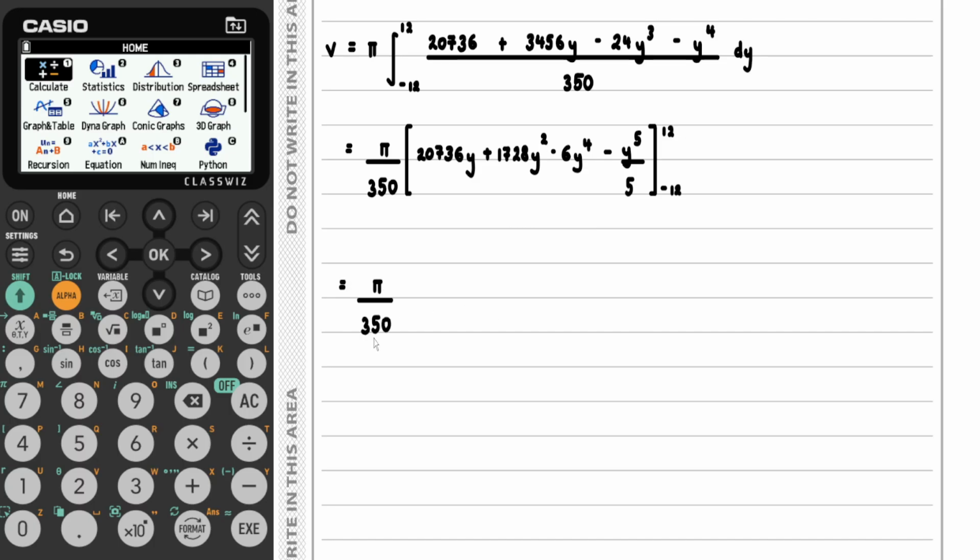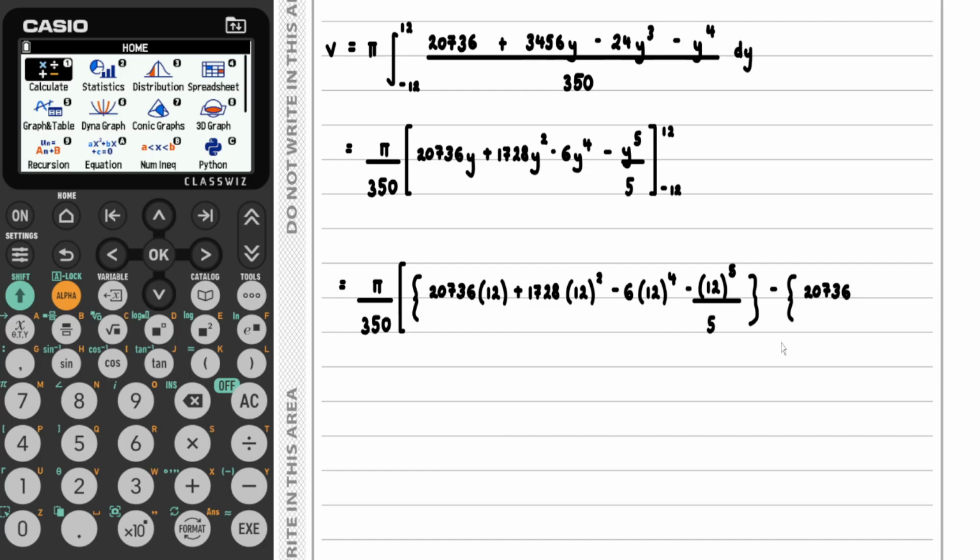So I've got pi over 350 multiplied by, now for my upper limit, substituting 12 in, we have the result shown here, and for the lower limit, substituting in −12, we have the result shown here.